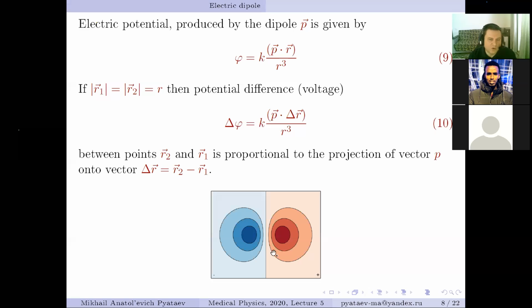And again, this picture is not for point dipole, it is for dipole with some distance between charges plus q and minus q. If you want to get it for point dipole, we should make this distance d tend to 0.